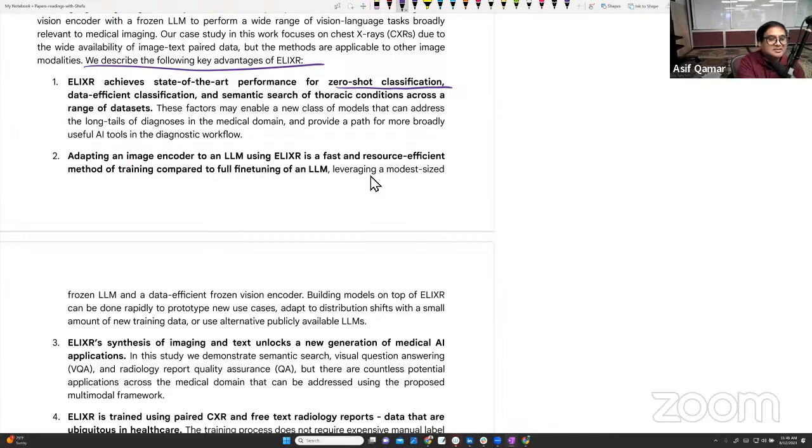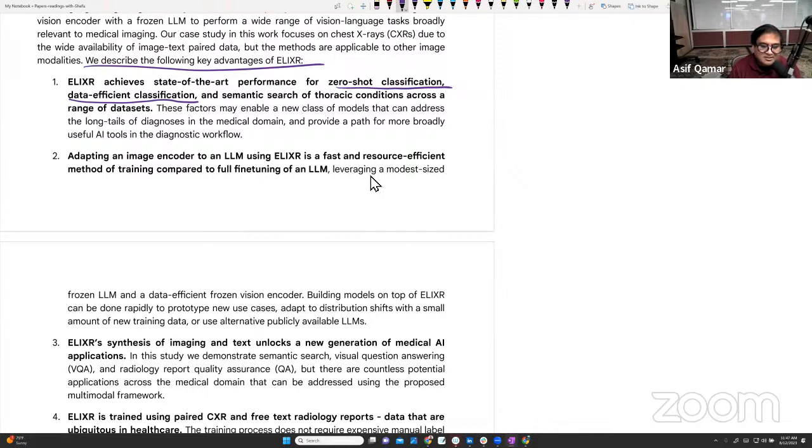And here, obviously, there's a bit of a caveat that Sukhpal and Patrick brought in. They seem to have picked some of the easier things, which radiologists would find more their 101 level stuff, but it seems to be getting it. Semantic search of thoracic conditions across the range of data sets. It's still good that it got there.